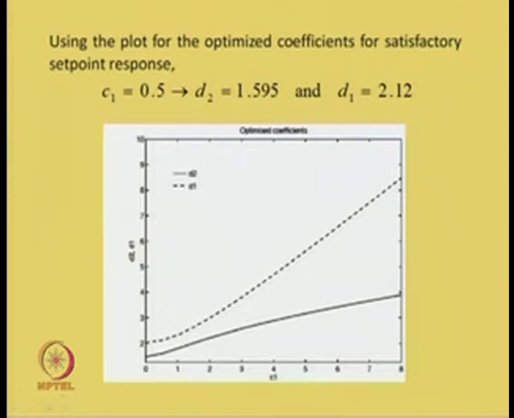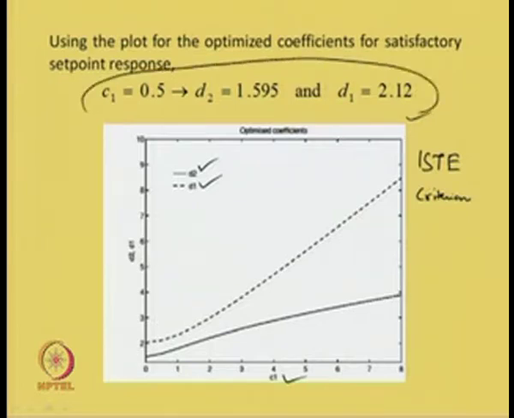Now, using the plot which gives us optimum values for D2 and D1 for various C1, by minimizing the ISTE criterion, it is not difficult to obtain the values for D2 and D1 when C1 is equal to 0.5.